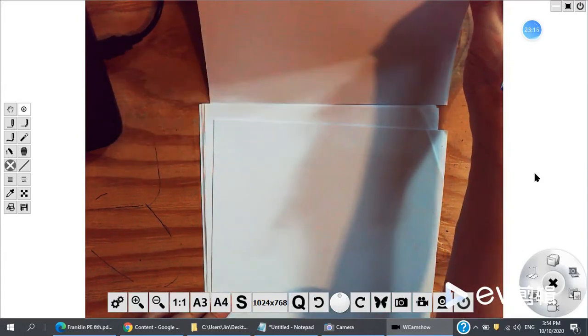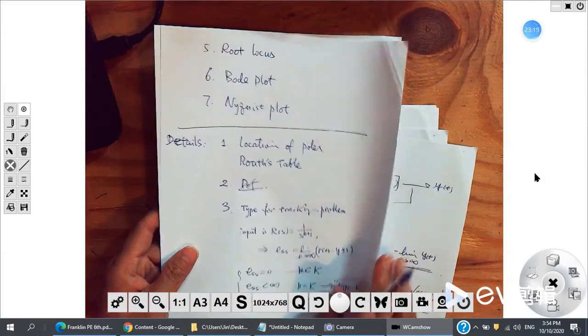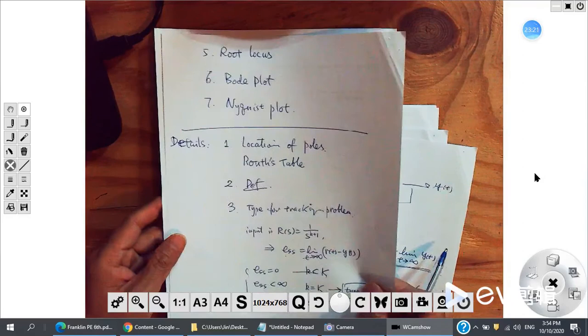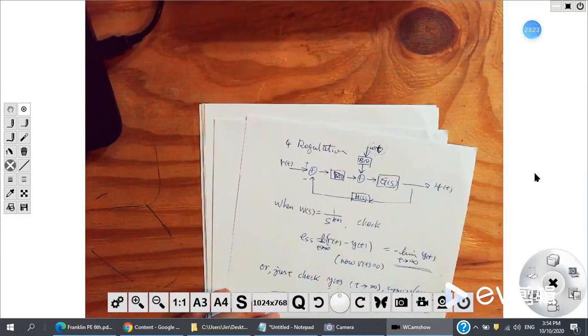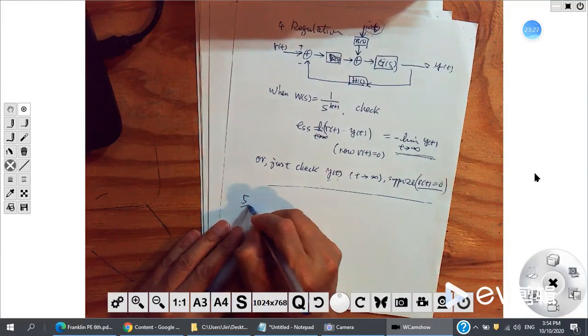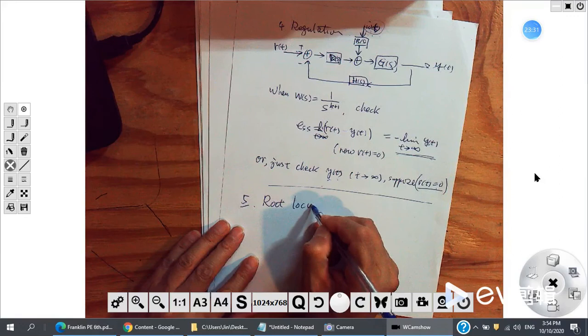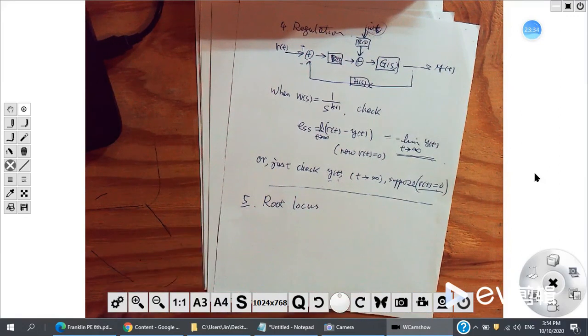This is regulation. Then next will be what? The root locus. For the root locus, you have three things.